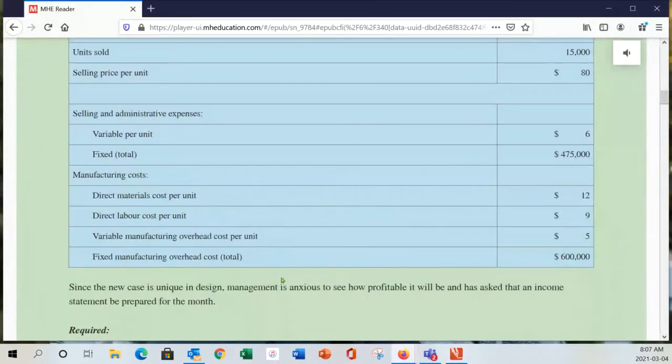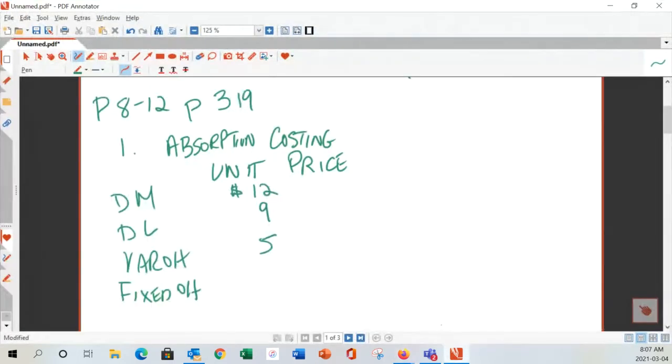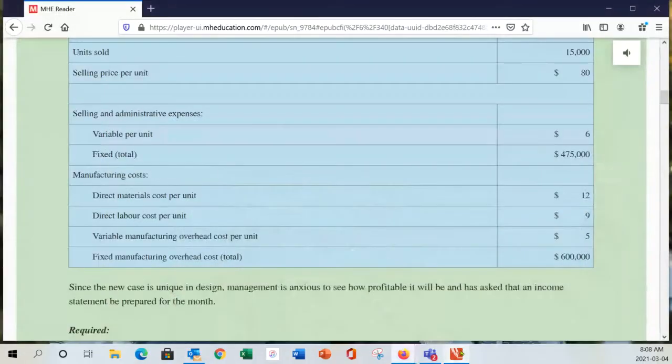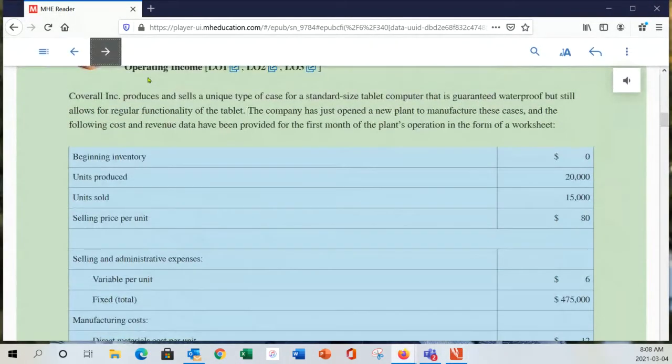And we have to figure out what the fixed is per unit. It's a total of 600,000. What do we divide this by to get our per unit amount? Do we want to use sales or production?